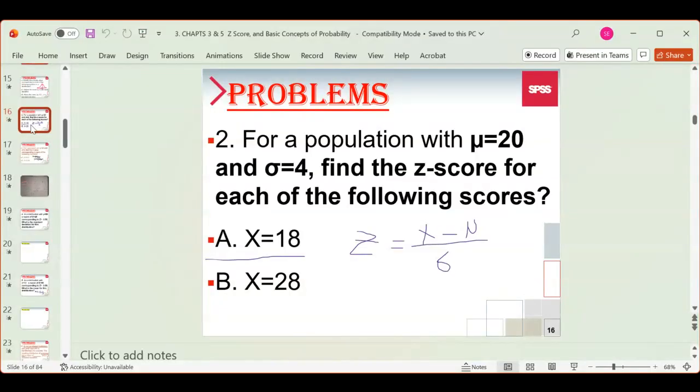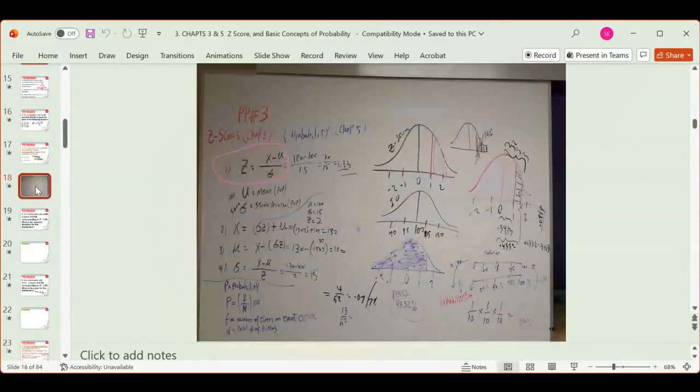All the formulas that you need are right here. The one that I circled in purple is the formula for the Z-score. That's how we come up with the Z-score, showing where a score stands. It can be positive or negative.